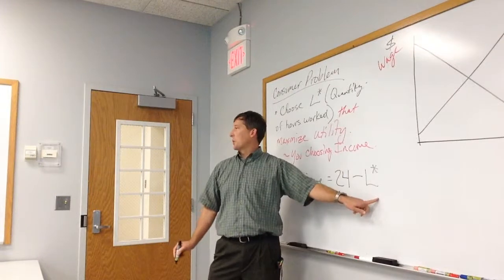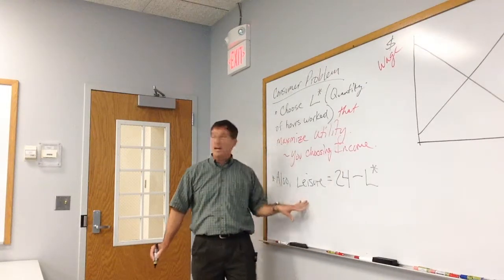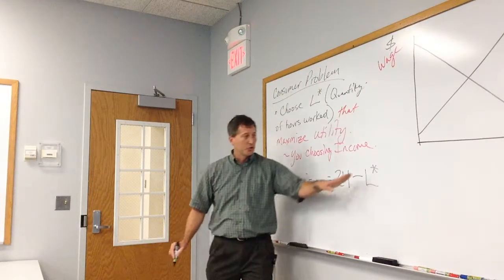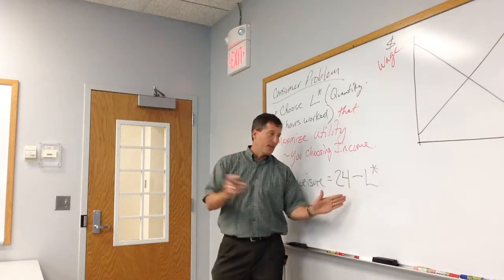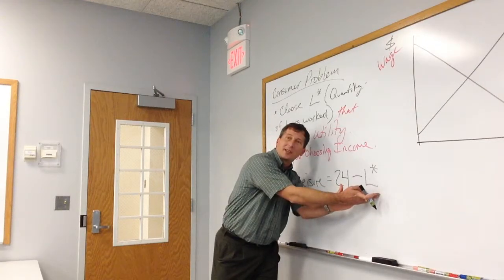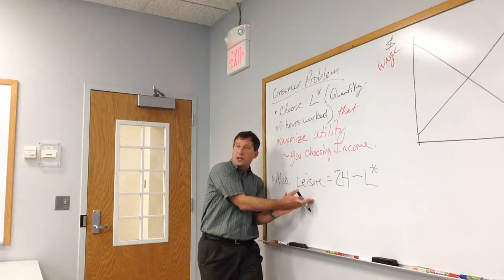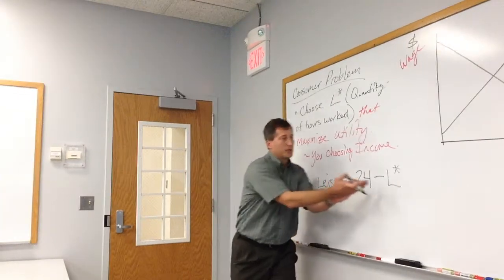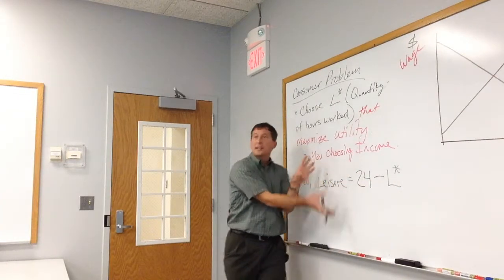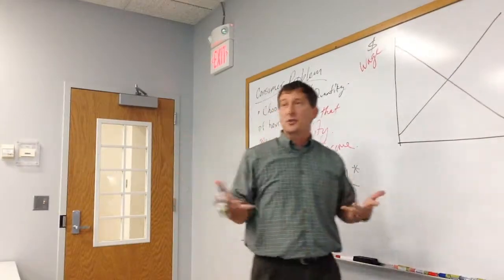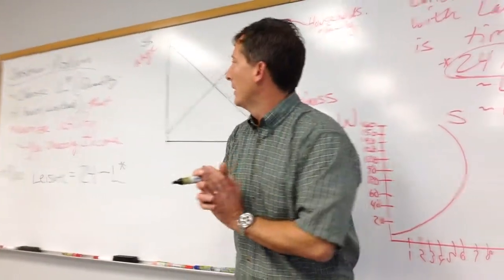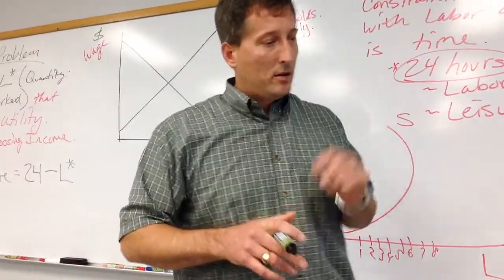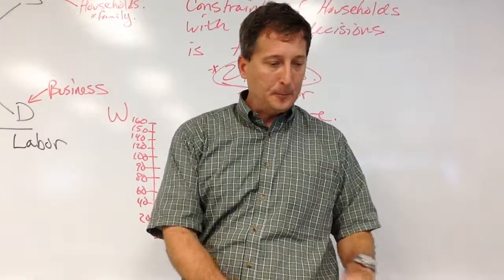If you choose to work 10 hours, you've got 14 hours of leisure. My point with that is that by choosing your amount of hours worked, you're effectively choosing how much leisure you have too. So by choosing this, you're getting your answer of how much extra time you're going to have. Okay.